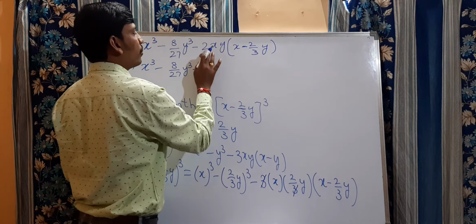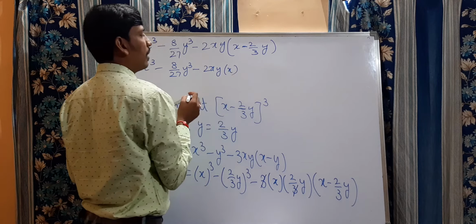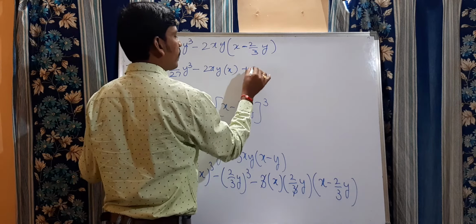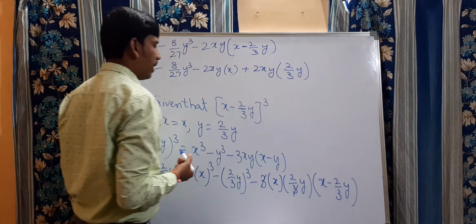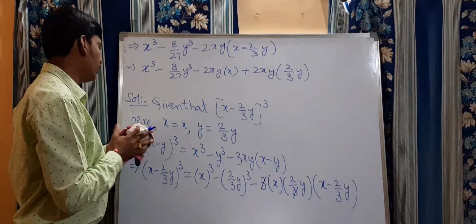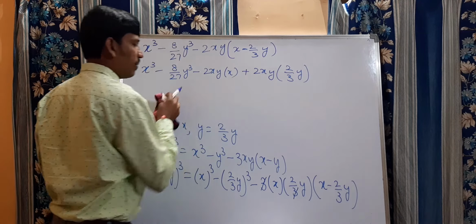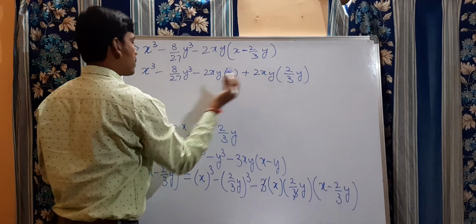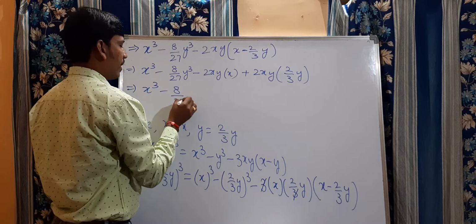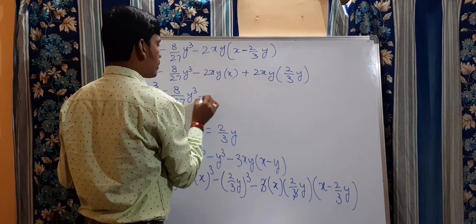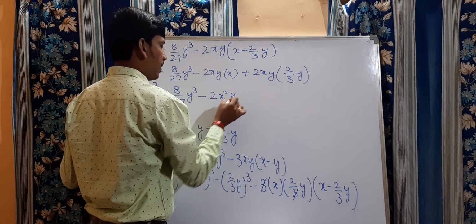now we should multiply these 2xy into x, that is 2xy into x, minus into minus is plus 2xy into 2/3 y. Clear? Now to simplify these two parts, you will get the solution. X cube − 8/27 y cube. Now minus 2x into x is 2x square, that is 2x square y.